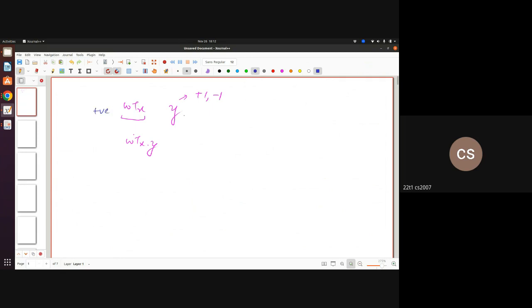If this is positive and this is also positive, then this multiplication will be positive. If this is positive, sign is +1 and that matches with Y, so there is no error. And if this is negative and Y is also negative, their multiplication will be positive and no error in that case also.